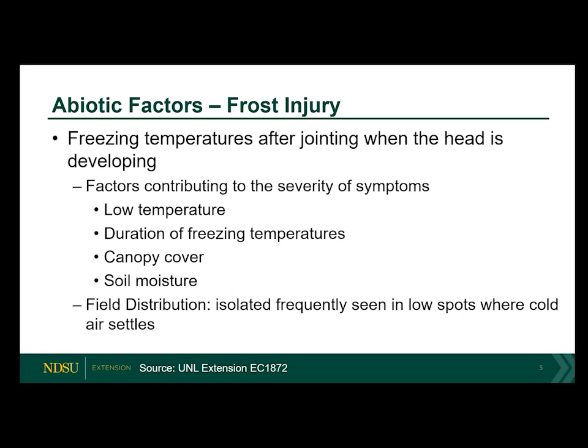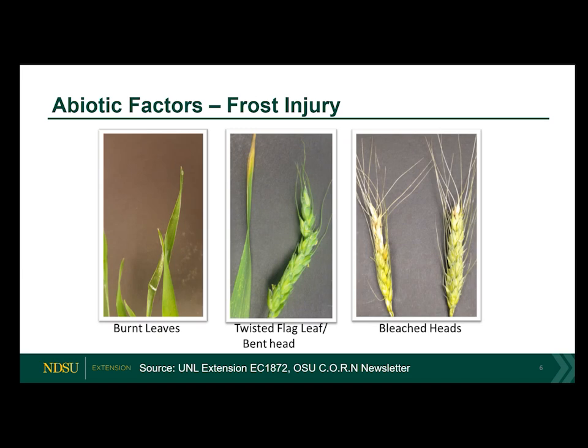Of this field distribution, you're usually going to see it more in those lower spots where the cold air settles. What this could look like: we could have burnt leaves, twisted flag leaf, or obviously bleached heads, which we're discussing today.